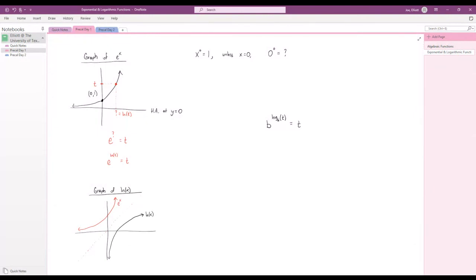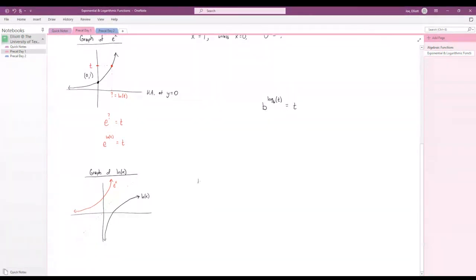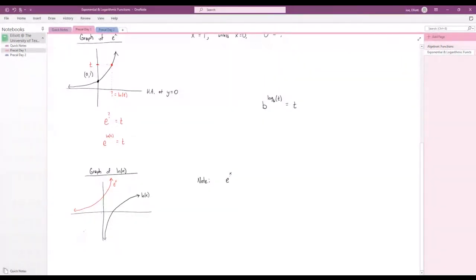I'm going to talk about some of the properties of the natural log, but before that, I want to talk a little more about the exponential. One thing that's good to know about the exponential function is that its graph is always above the x-axis. So e to a power, no matter what the exponent is, always ends up being positive.